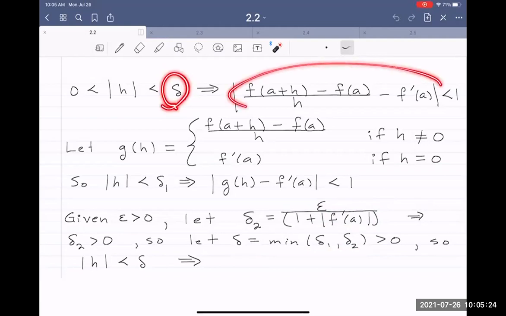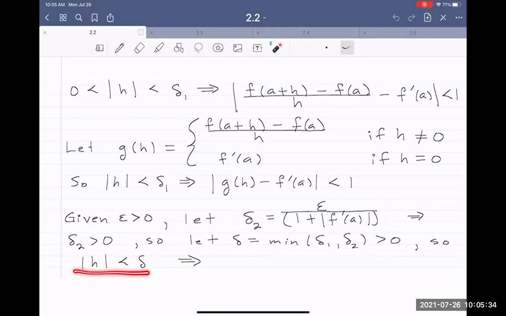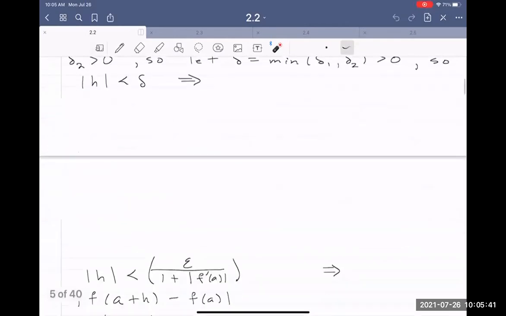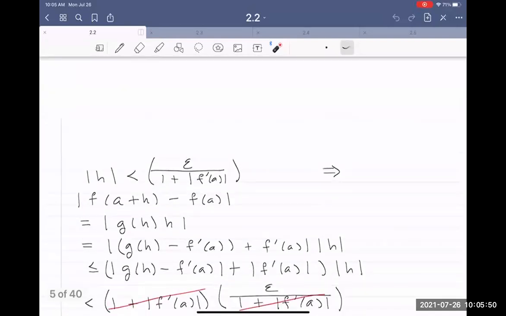This delta satisfies delta 1, so this holds, and it satisfies delta 2. So if h in absolute value is less than delta, then h in absolute value is less than, by this, epsilon over 1 plus absolute value of f prime at a.